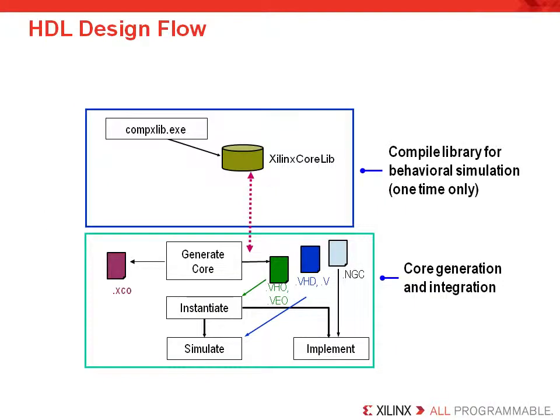As I mentioned, the code generator supports schematic and HDL flows. Since most customers are using an HDL flow, we are going to focus on that flow. The .vho and .veo files are the HDL instantiation templates for VHDL and Verilog. They are provided by the code generator automatically, based on the design entry options you set with the ISE tools.